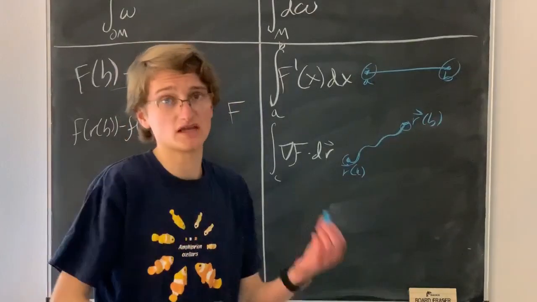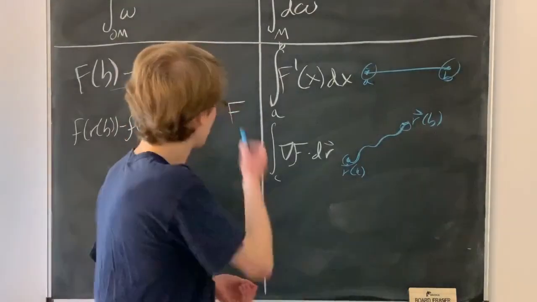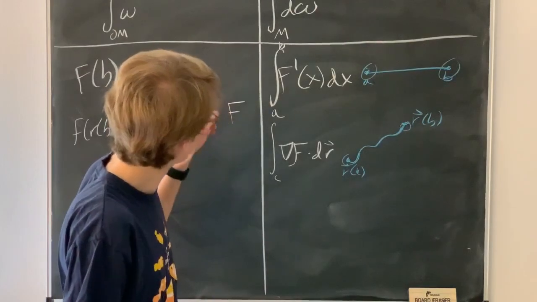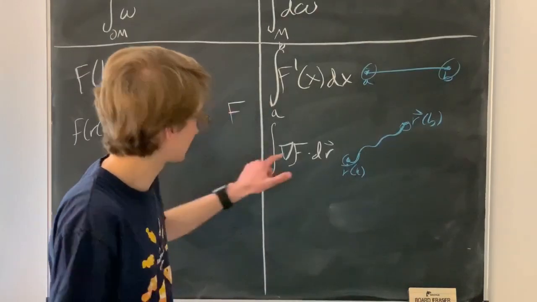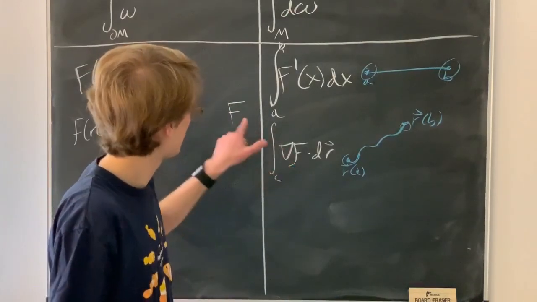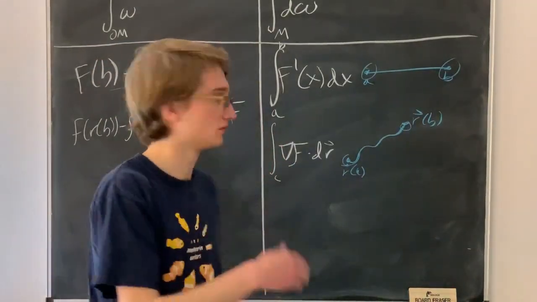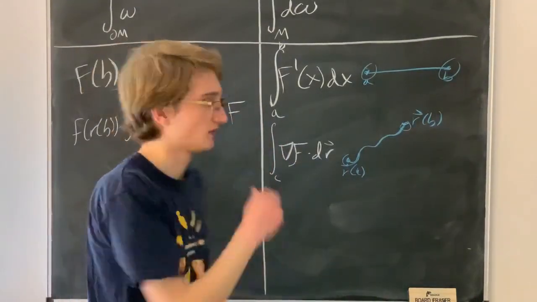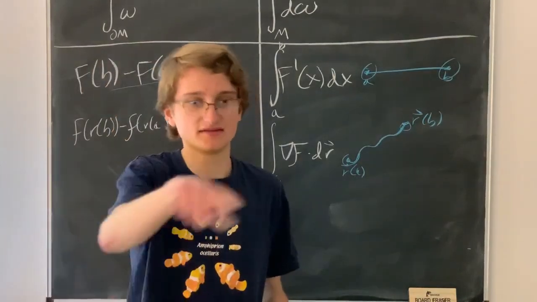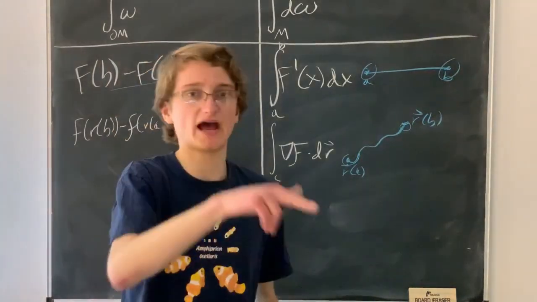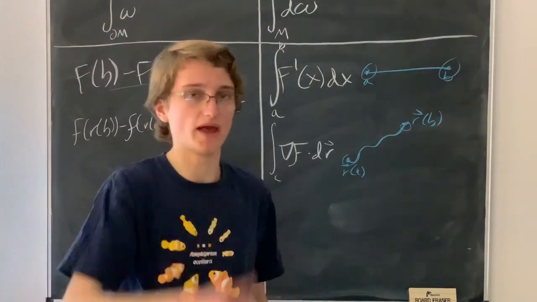And if you're interested, you can show that F is conservative if there's a function f such that the gradient of f is equal to big F, or the curl of this is 0, meaning as you go around, it doesn't matter which path. It only matters where you start and where you end.